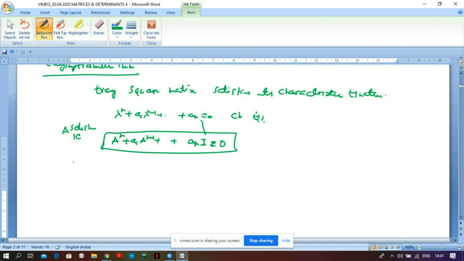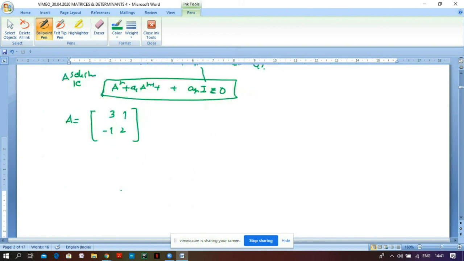Let me take an example which will make it clearer. Suppose you have a 2 by 2 matrix A for simplicity: 3, 1 and negative 1, 2. Then I can find its characteristic equation. I can find A minus lambda I. So the determinant of A minus lambda I I can write as 3 minus lambda, 1, negative 1, 2 minus lambda.